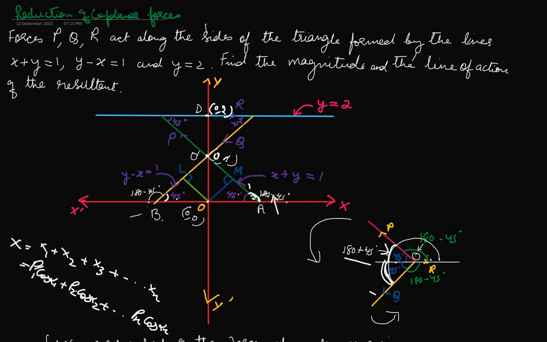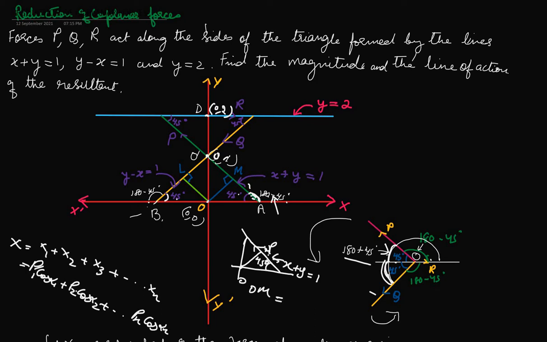So this is force P in this direction, and this is point O. This force P, that is the line x plus y is equal to 1, makes an angle of 45 degrees, or the slope of this line is 45 degrees. So what is the perpendicular distance from here to here? We denote it by OM. So what is OM here?